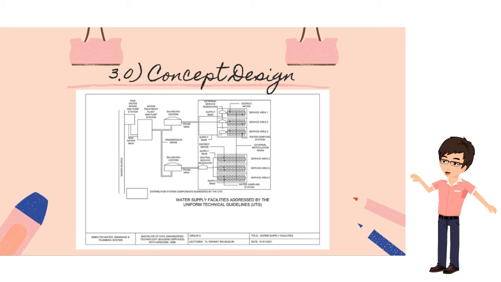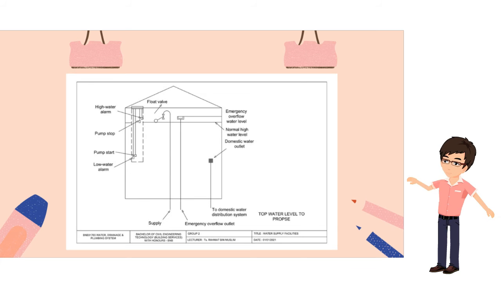After the treatment, the water will travel to the balancing system, where it will be kept and distributed to all consumers in that area. For the top water level, we have decided that the top water level is 40 meters from the ground level, as shown in drawing number 2.